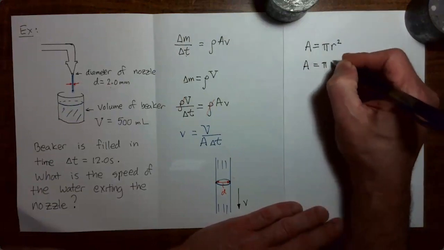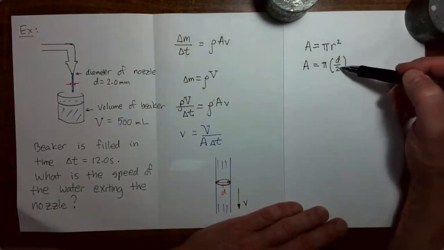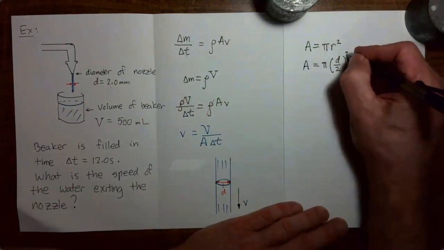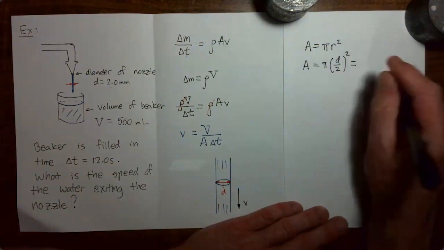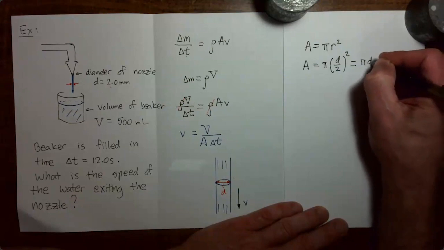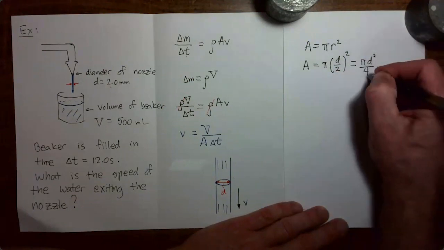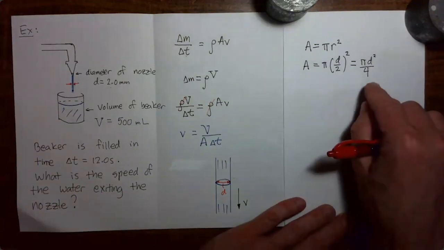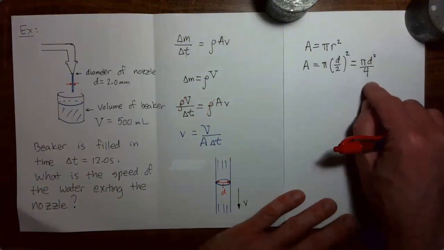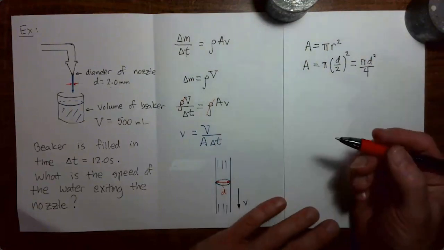Now, the radius is half of the diameter, so I'll replace radius in the formula with diameter over 2. That gets squared. So that gives us that the area of a circle is pi times the square of the diameter divided by the square of 2, which would be 4. So I'm going to take this formula for the area in terms of the diameter and put it back into my equation here for the flow speed.